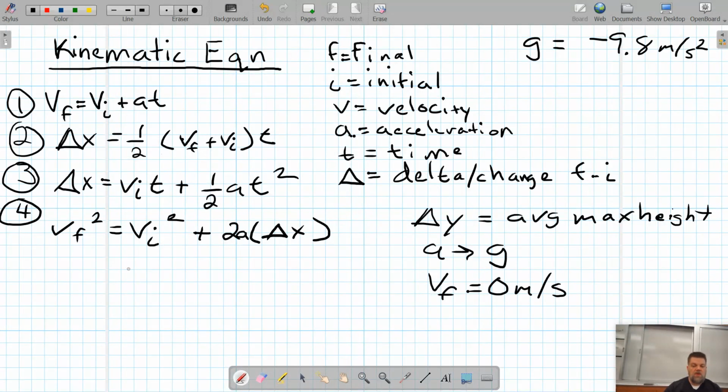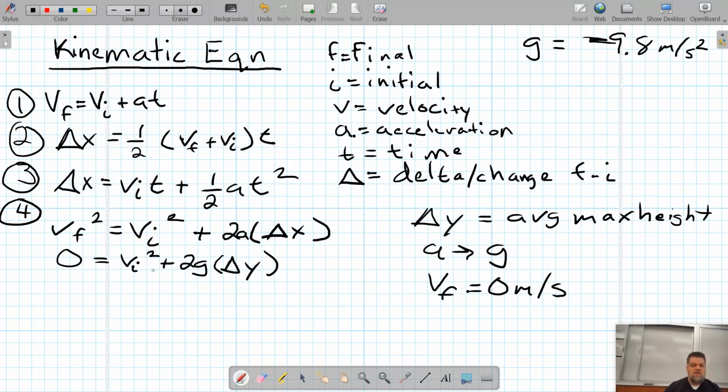So what we're going to do then is say 0 is equal to the initial velocity squared plus 2 times g, and actually, because it has a negative sign, we could toss the negative sign to the front, but we'll deal with that in a little bit, okay? Times delta y.